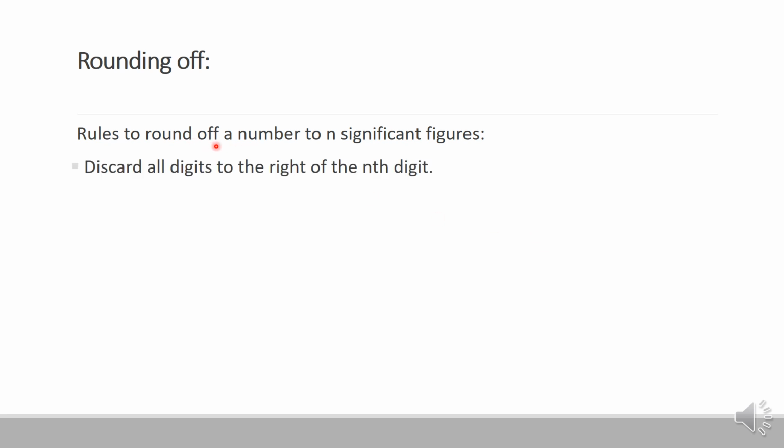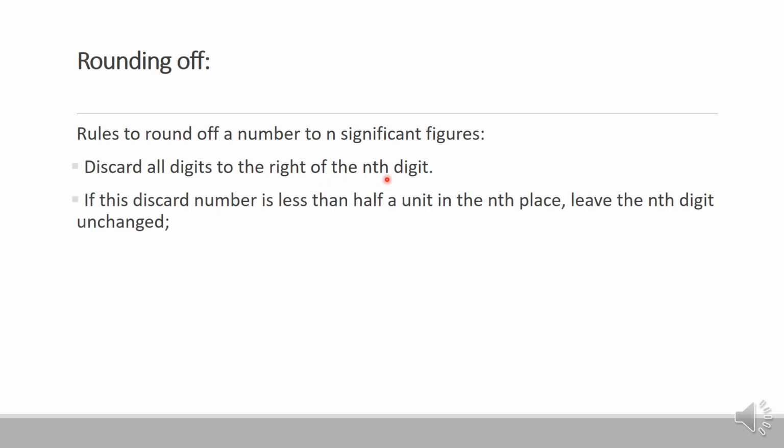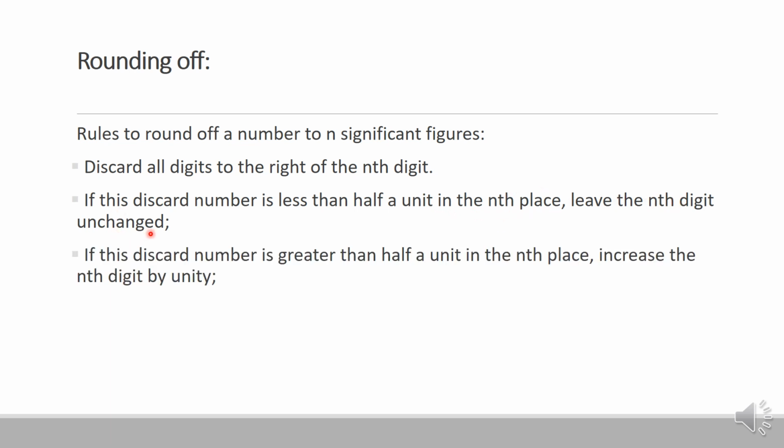Rules to round off a number to n significant figures. Discard all digits to the right of the nth digit. Now you have to see what happens. If the discarded number is less than half a unit in the nth place, then leave the nth digit unchanged.